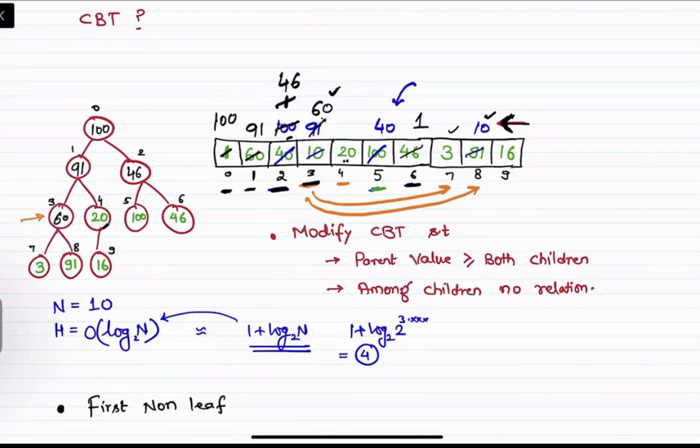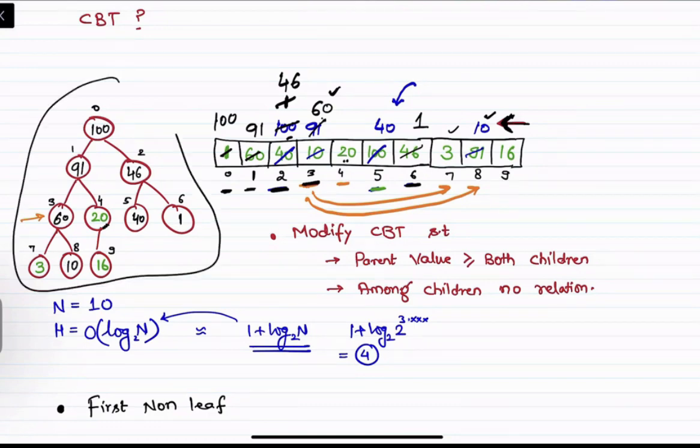After 60 we have 20. After 20 we have 40. After 40 we have 1. Then we have 3, 10 and 16. Now you see whatever this tree is looking like, here this property is holding true. Here this property is holding true.